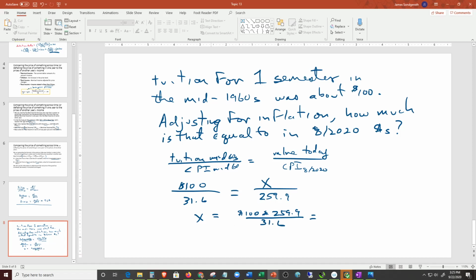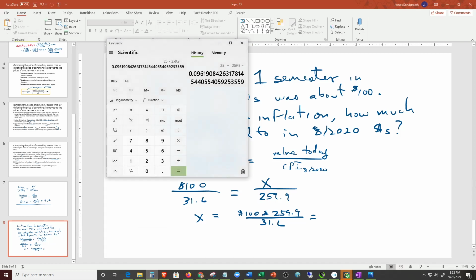Let's get the calculator up and give it a spin. Well, 100 times 259.9 divided by 31.6 is $822.